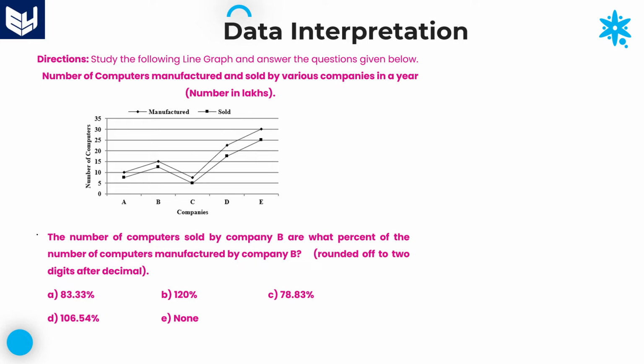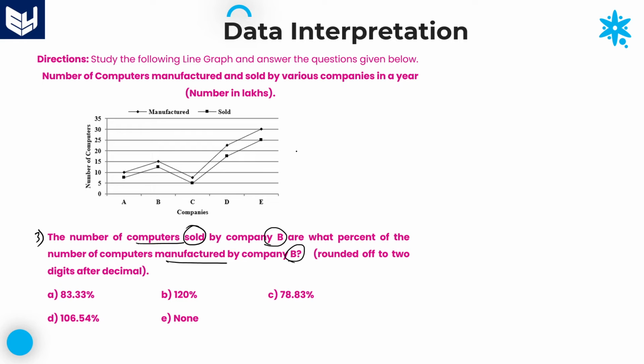See the next question, the third one. The number of computers sold by company B are what percent of the number of computers manufactured by company B, rounded off to 2 digits after the decimal point.